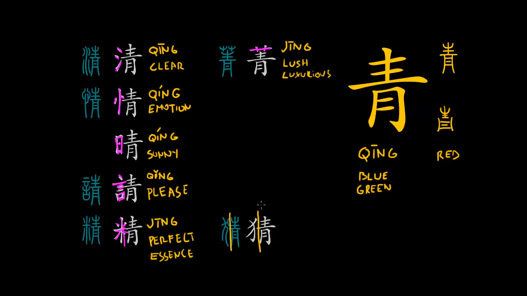And it clearly looks like the left element is the semantic one, and in this case it's Quan. Quan is a dog, and the right element is the phonetic part. Well, this character is pronounced Cai, and it means to guess.